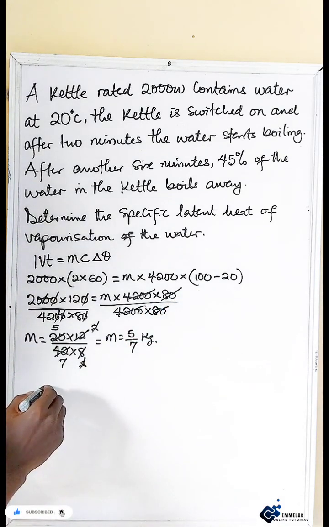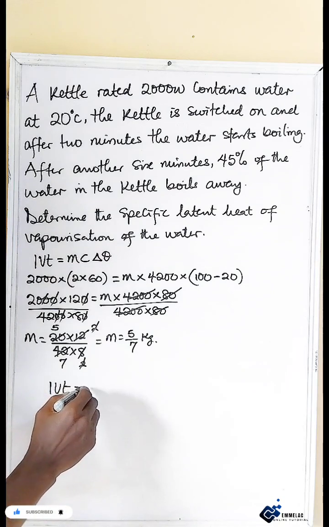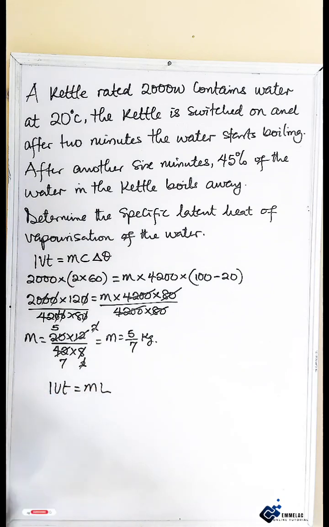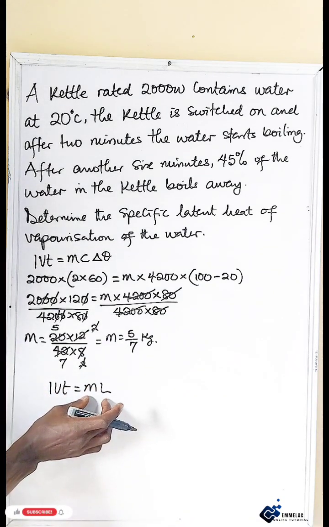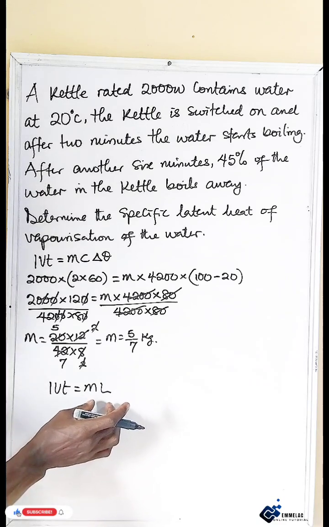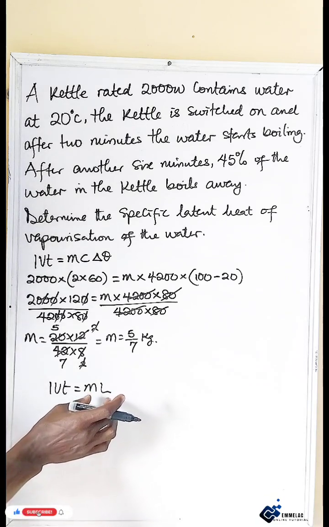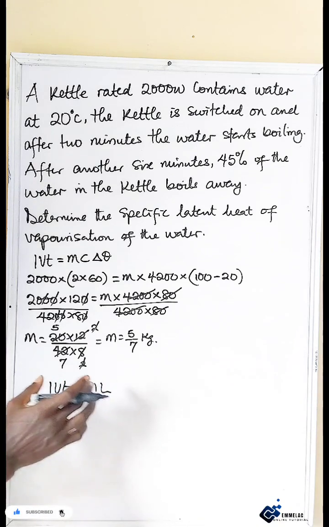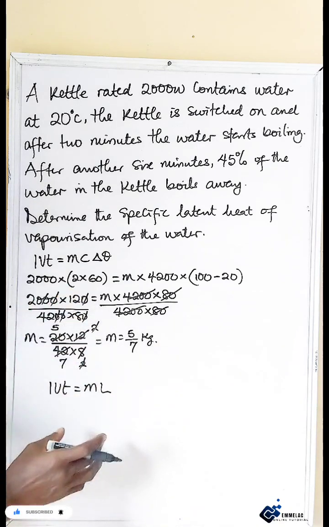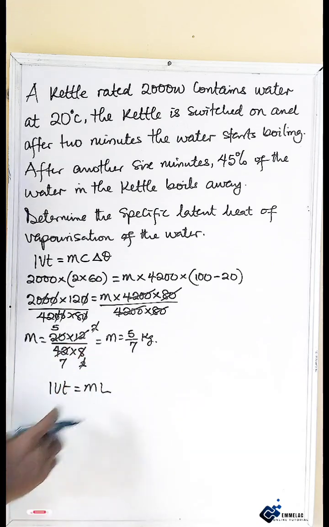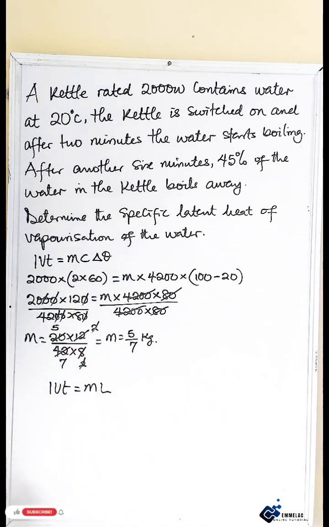So here we have that IVT equals ml. The reason why we're having latent heat here is because there is no change in temperature. At this point the temperature of the boiling water is just 100 even as the vaporization continues. Let's take note that the rating is still 2000.